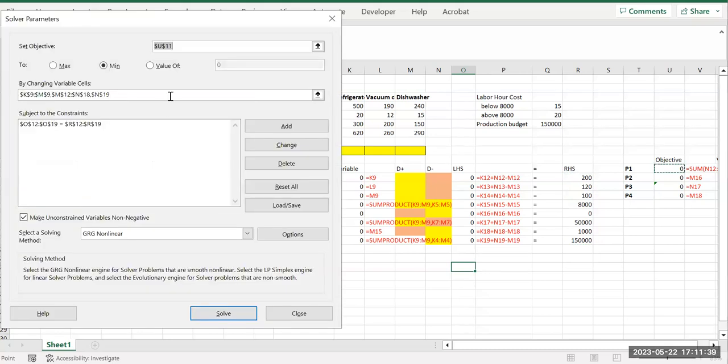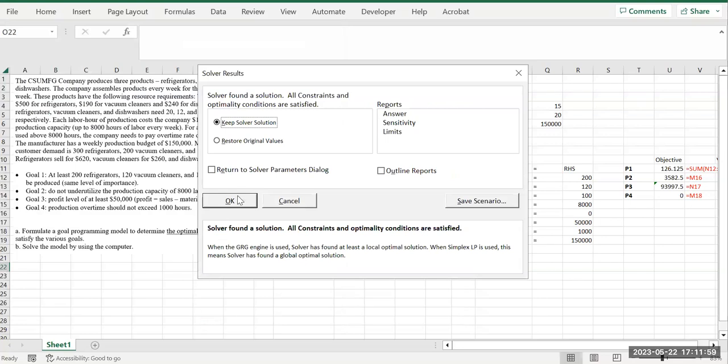Okay, so priority one, and this is goal programming. We have multiple priorities, multiple goals. So we're going to try with priority one, and then we go step by step. All right, solve. Okay, let's take a look.